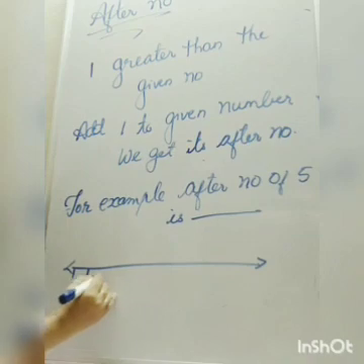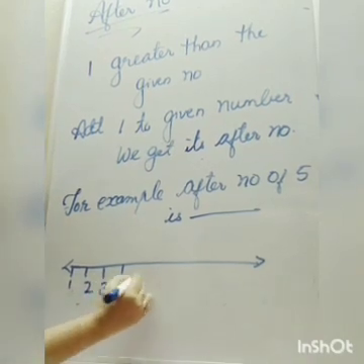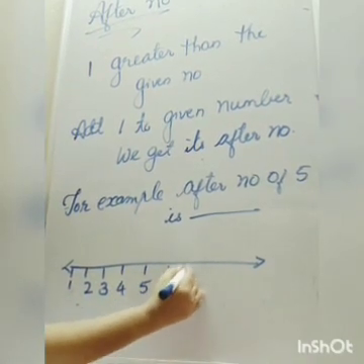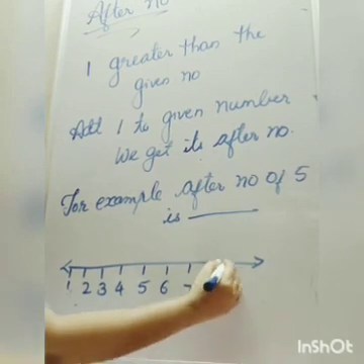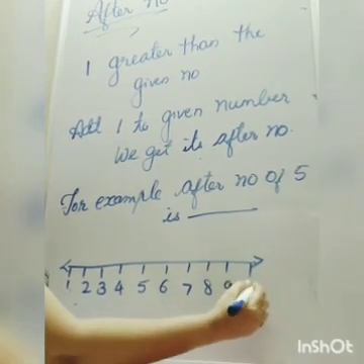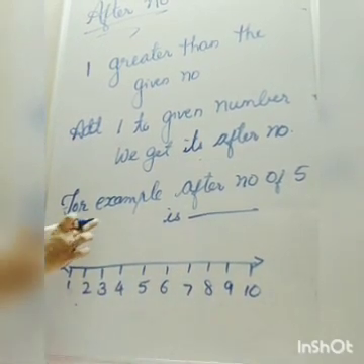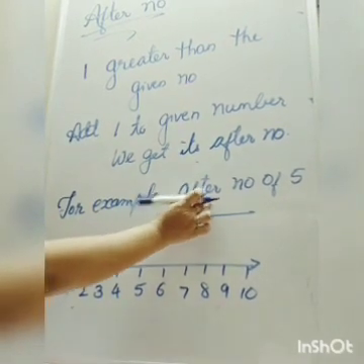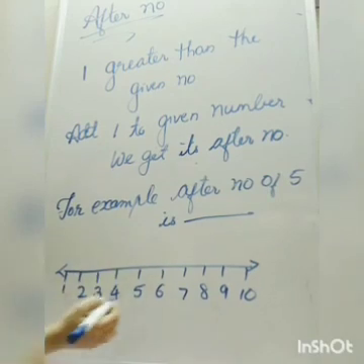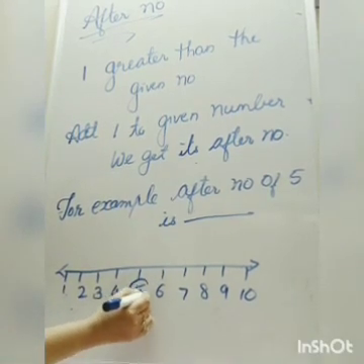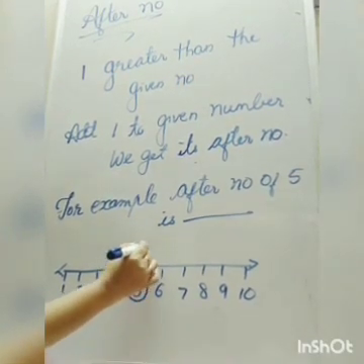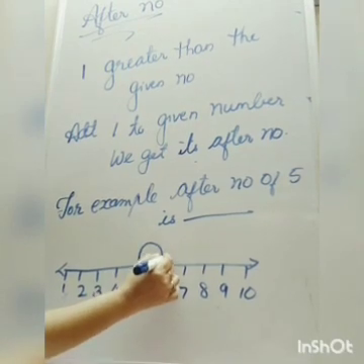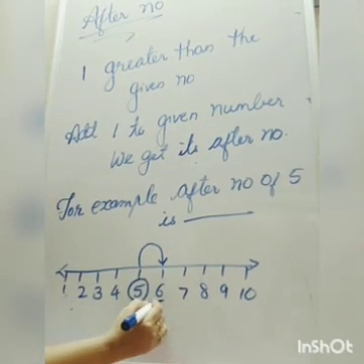1, 2, 3, 4, 5, 6, 7, 8, 9 and 10. See, what is the question? What is the after number of 5? Where is 5? 5 is here. We have to jump 1 step forward. We get 6.